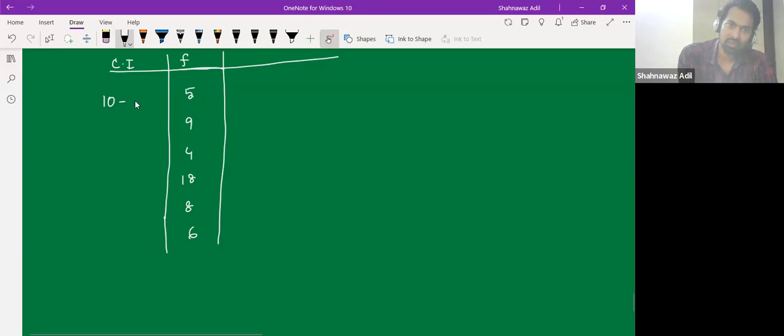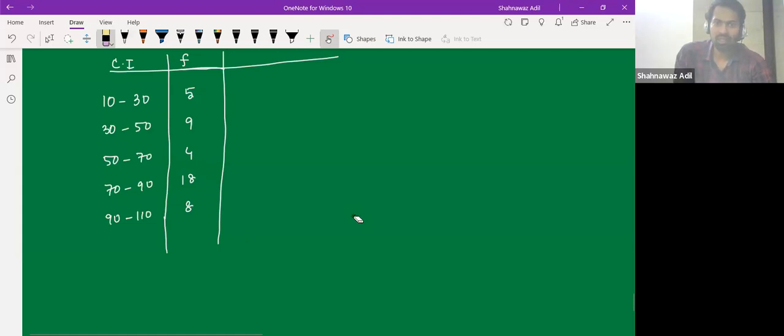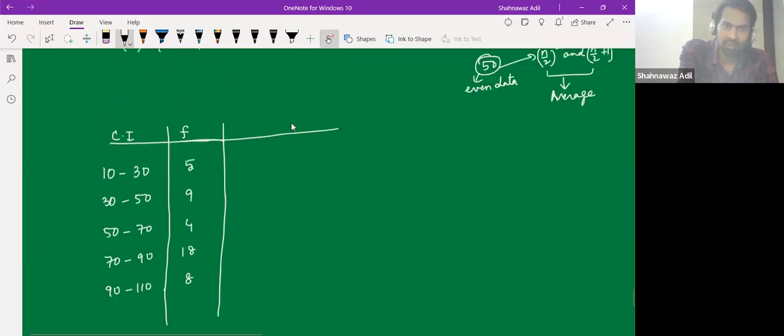Okay, so 10 to 30, 30 to 50, 50 to 70, and then 70 to 90, and then 90 to 110. Let us write that. So we have this data.